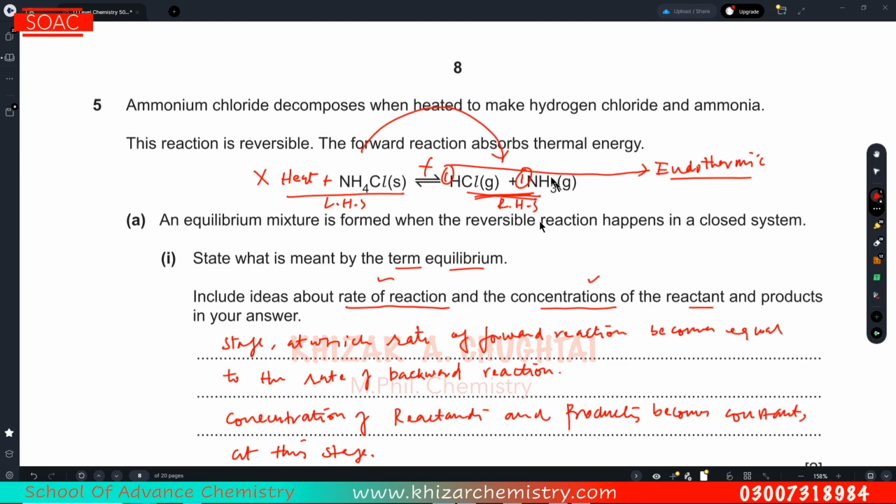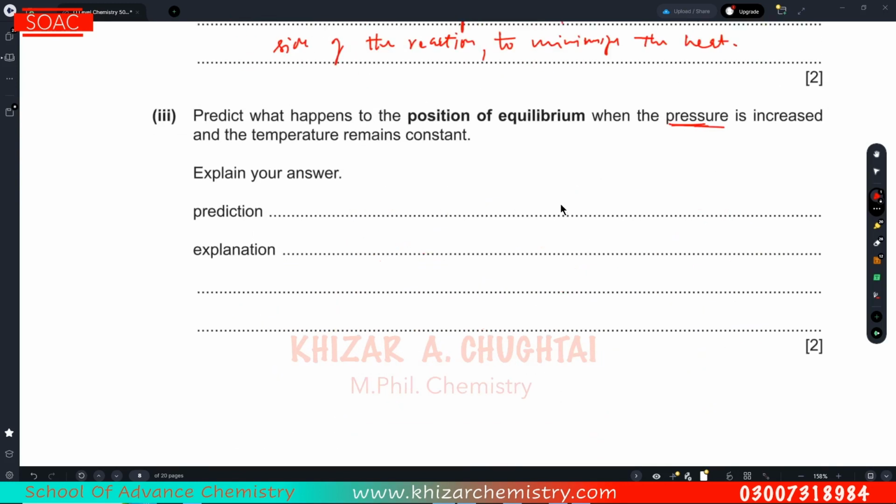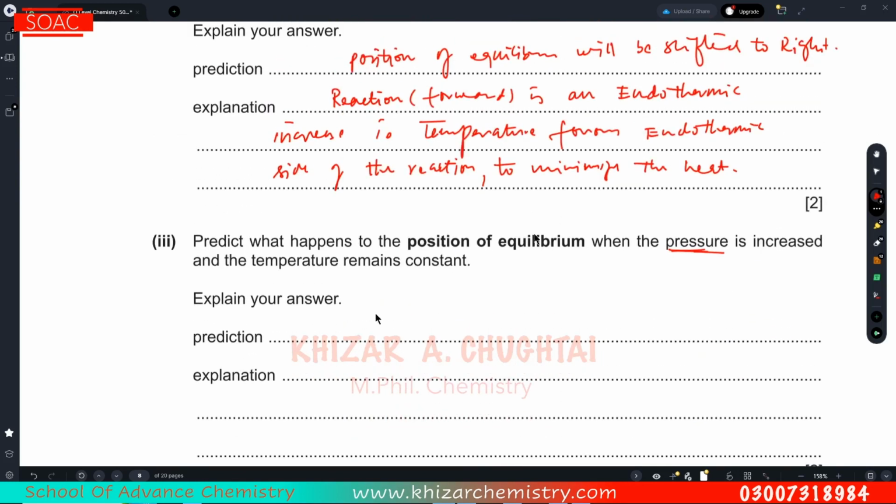So 2 moles on the right hand side and no moles on the left hand side. So on increasing the pressure, equilibrium will be shifted toward that side where there are less number of moles or no moles.